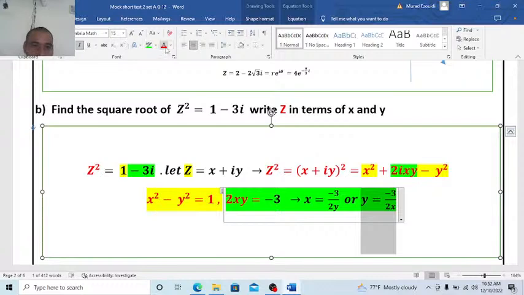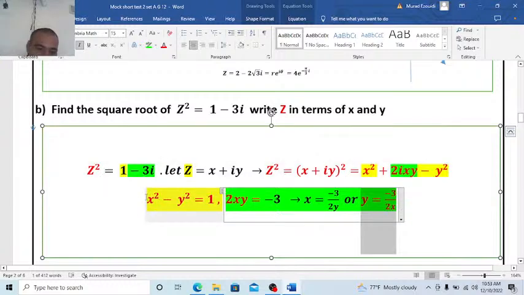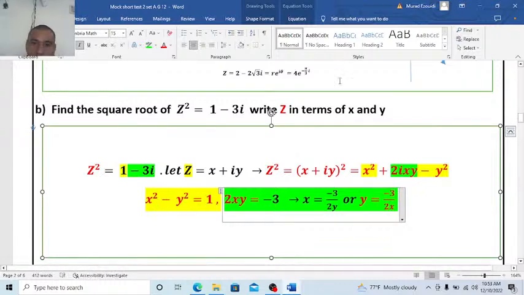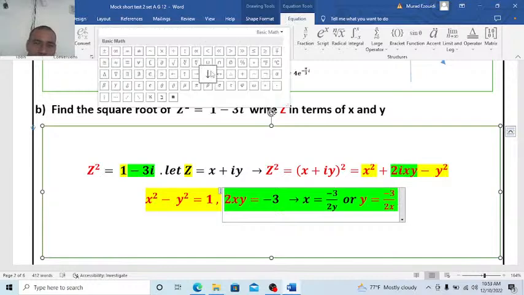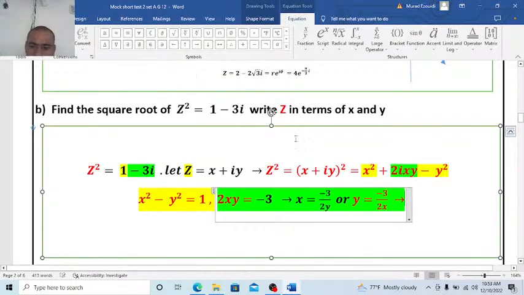I will put it in red here so it appears, y squared means 9 divided by 4x squared. Therefore, learners, this gives us what exactly? This gives x squared minus y squared.